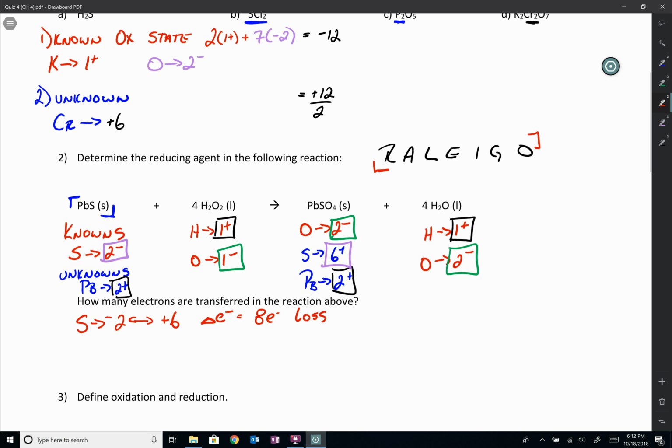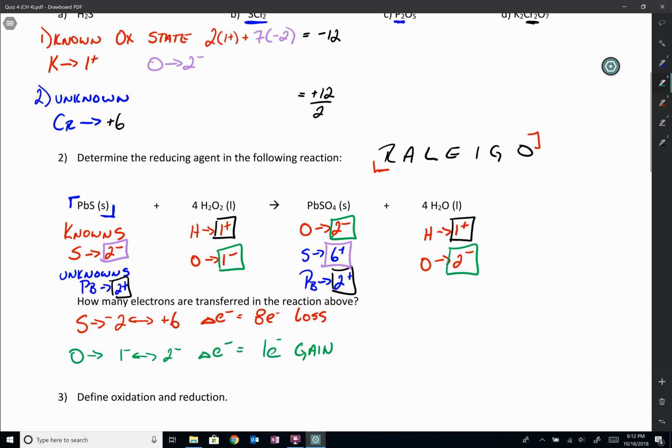But let's pause and make a quick point. If something loses 8 electrons, what does that mean? If something loses, something has to gain. So what's gaining electrons in this case? Well, the oxygen is. Oxygen goes from 1 minus, and it ends up at 2 minus. So we have a change in electrons of 1. Hey, wait a minute. Everything has to balance. If sulfur loses 8 electrons, how come oxygen only gains 1 electron?